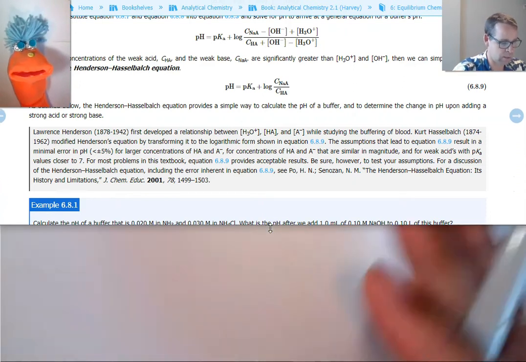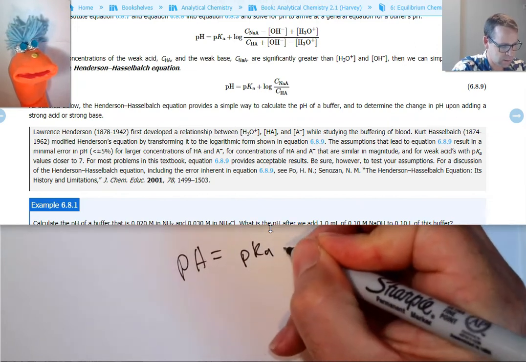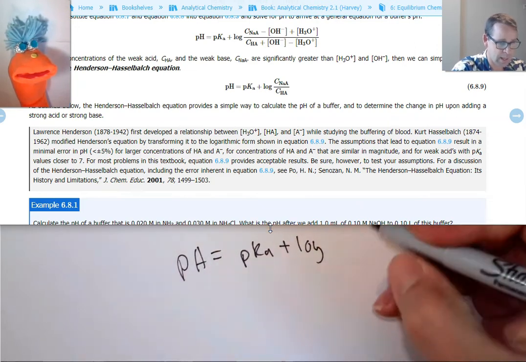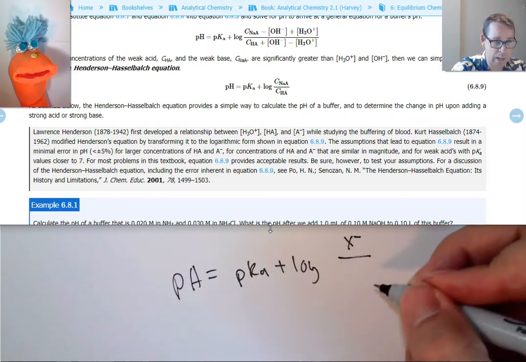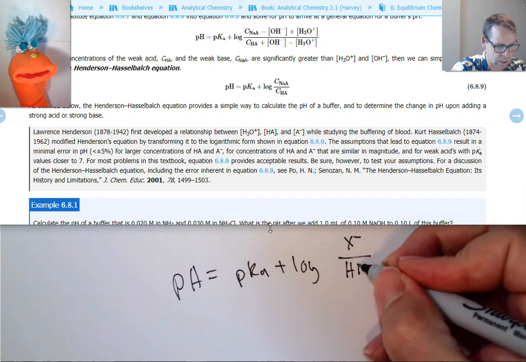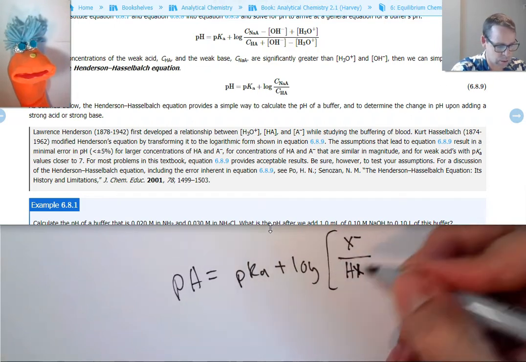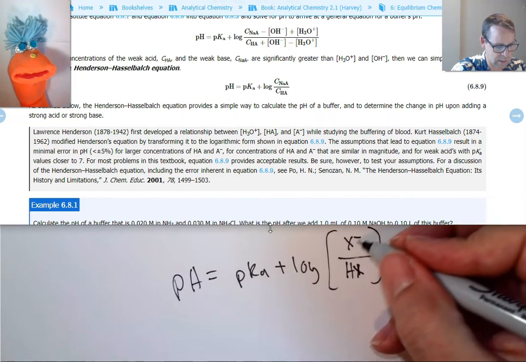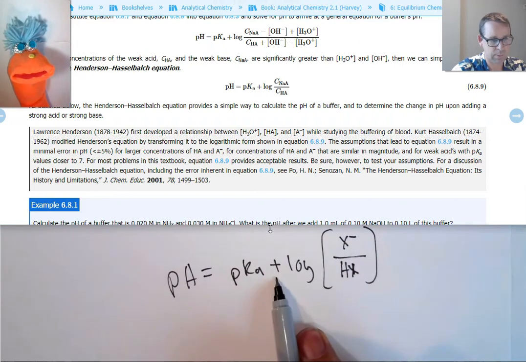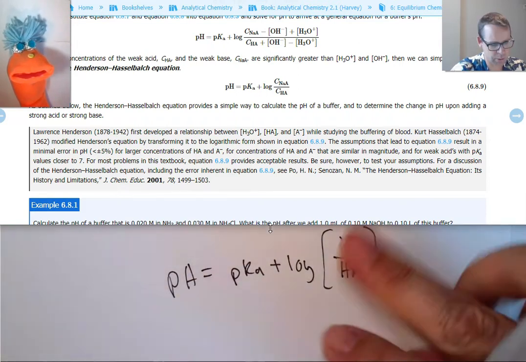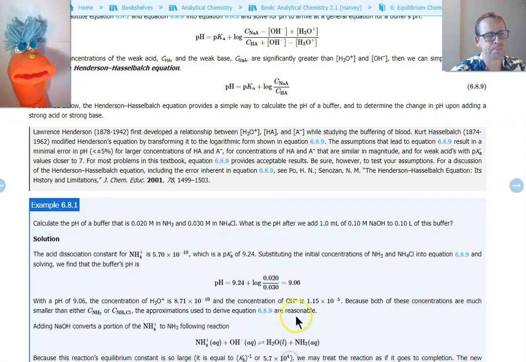Let me write down that equation here. pH equals pKa plus the log of, and the more generic form here is X minus, that's without the proton, and HX, or A minus and HA, right? So remember, this A, or the dissociated form, is always on top, and that's a positive value. You can flip this and make that a negative value, but we don't need to worry about that.